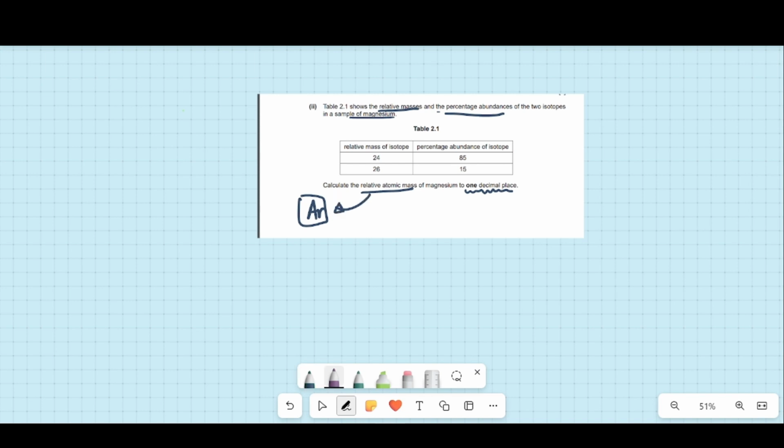So in order to do that, we have our first relative mass, which is 24. So that's 24 times your percentage abundance, 85%. It's a percentage, so you're not going to multiply it by 85. You're going to multiply it by 85 over 100 because that's the percentage.